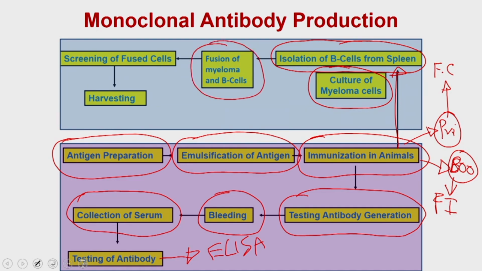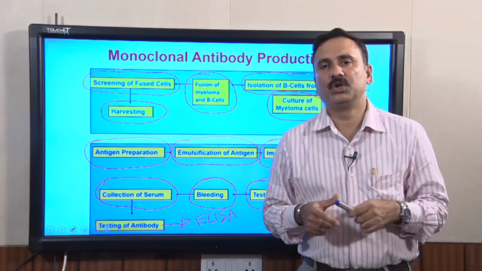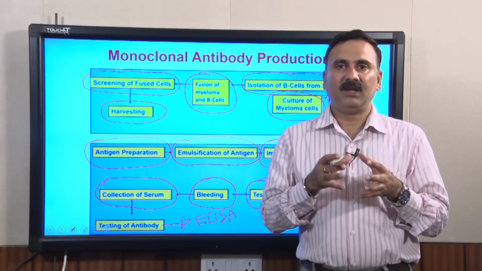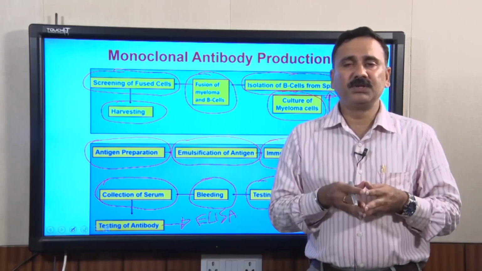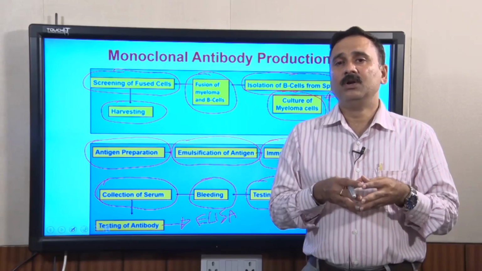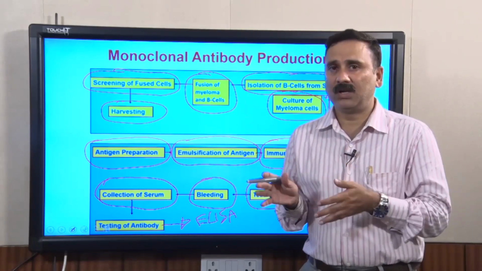In the fusion reactions, you do a lot of different steps, and once the fusion is done, you screen the fused cells, which are called hybridomas. Once you get your desirable hybridomas, you can harvest the antibodies from them. So, once you are sure that an animal is immunized and the antibodies are being produced, this means the animal is good enough to be used for production of monoclonal antibodies.